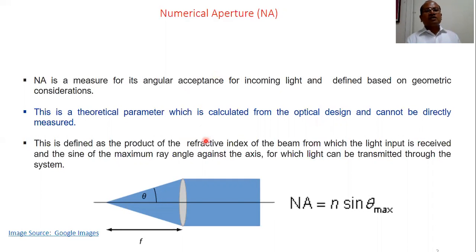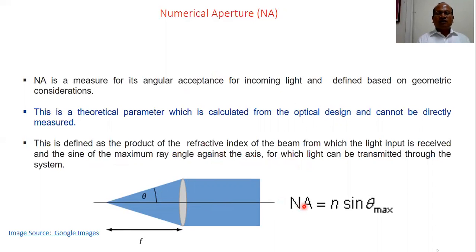This is defined as a product of the refractive index of the medium from which the light input is received and the sine of the maximum ray angle against the axis for which light can be transmitted through the system. Look at this diagram very carefully.